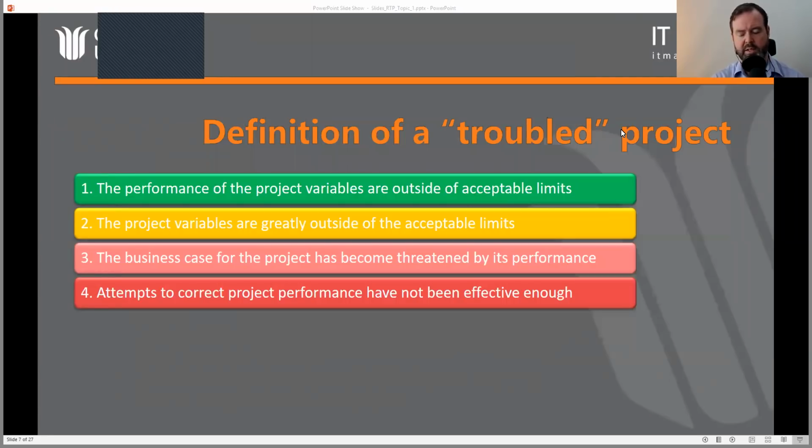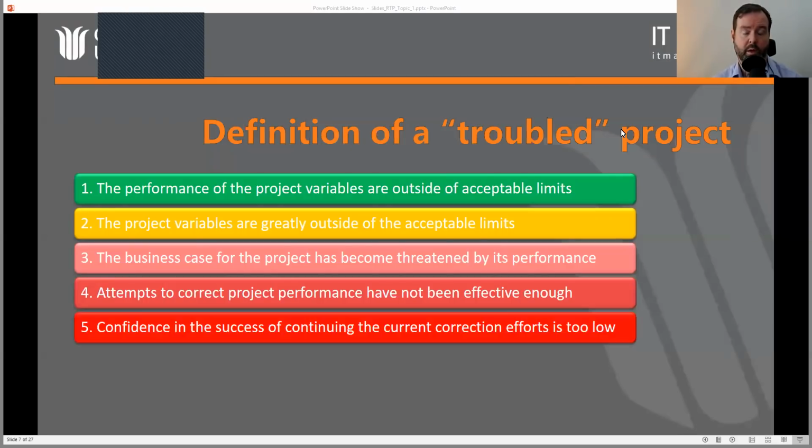So here you might say, well, it's still just project management. The way we've been managing the project so far hasn't worked, but maybe we need to do things a bit differently, but we're still not ready for a real recovery mode. That is the next step.